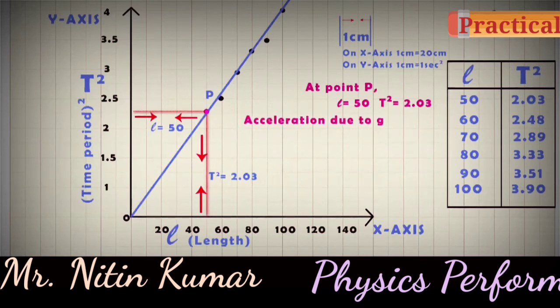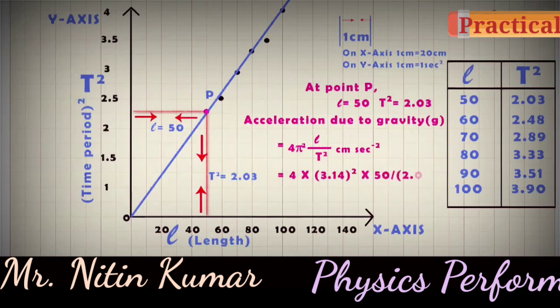Therefore, acceleration due to gravity g is equal to 4 pi square L by T square centimeter per second square, which is 4 into 3.14 whole square into 50 divided by 2.03. Therefore, the acceleration due to gravity from the L by T square graph is 970.18 centimeters per second square, which is almost equal to the previous value.